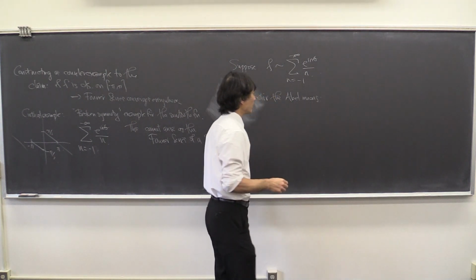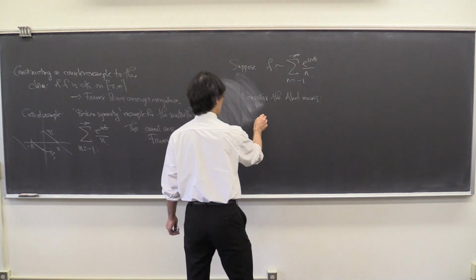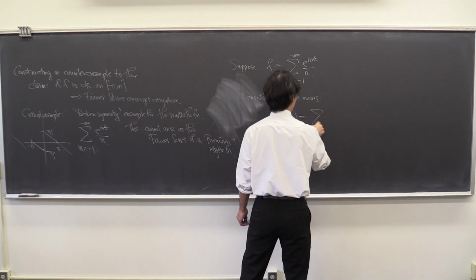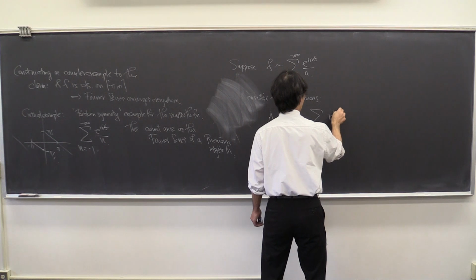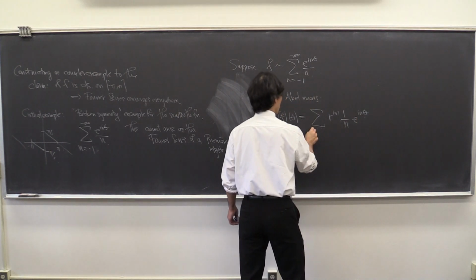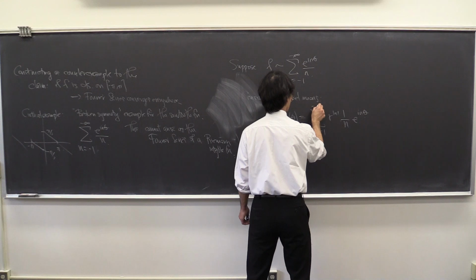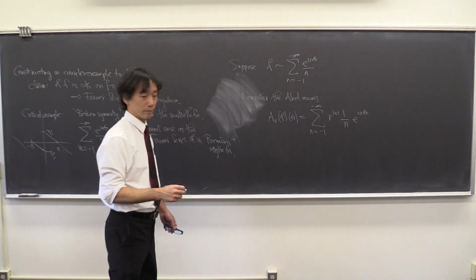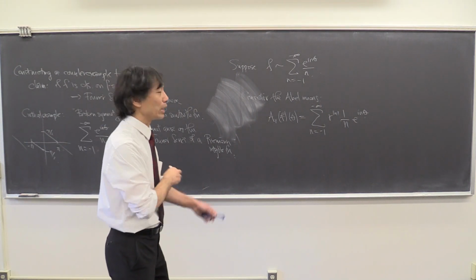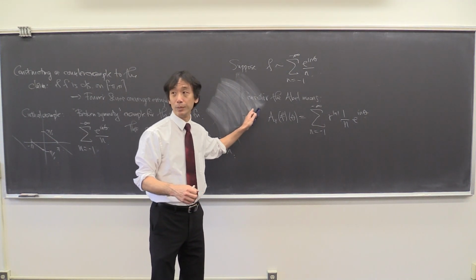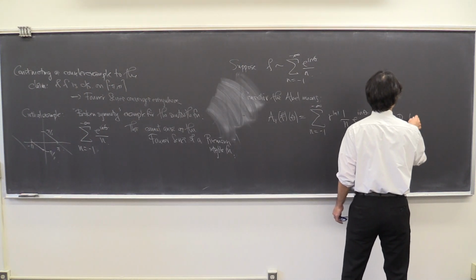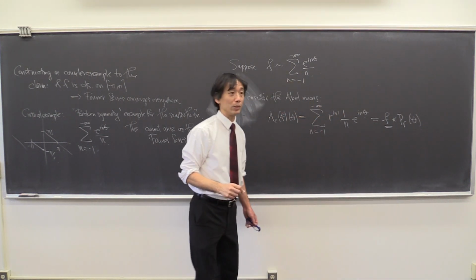In that case, A_r f(theta) is going to be the summation of r to the absolute value of n, 1 over n, e to the in theta, for n from -1 to negative infinity. So that would be its Abel means, for the partial sums of the Fourier series. But we know that that is expressible as the convolution of our function against the Poisson kernel.